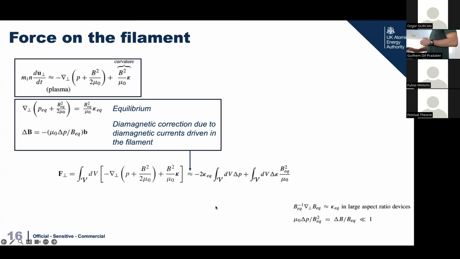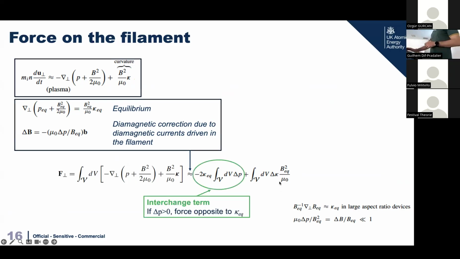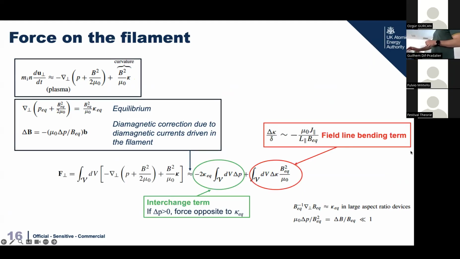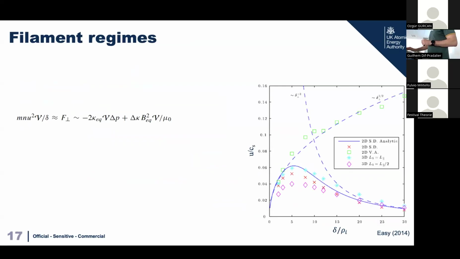One is an interchange term that depends on the equilibrium curvature and the pressure gradient in the filament. And the other one is a field line bending term that is due to the fact that we are changing the curvature of magnetic field when we have currents. Again, this term is a little bit more particular and needs to be taken with a bit of care.